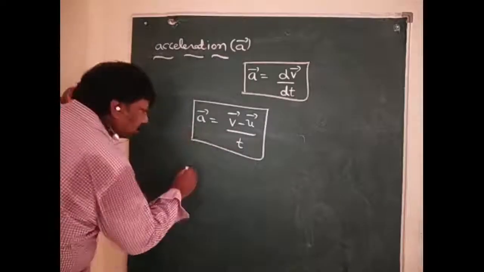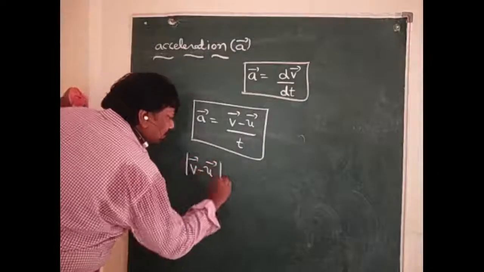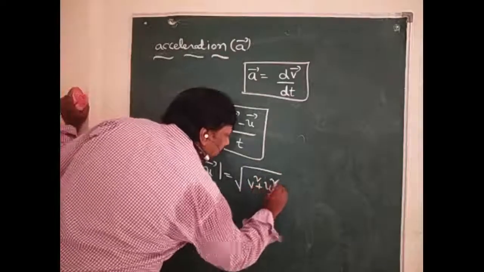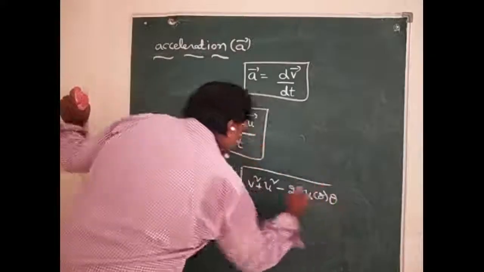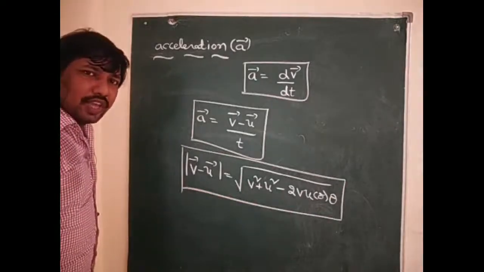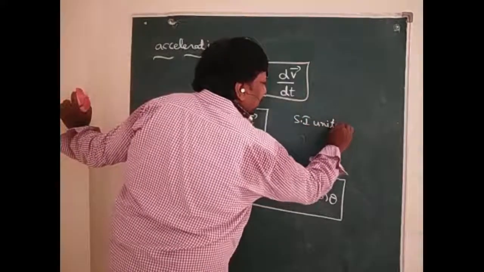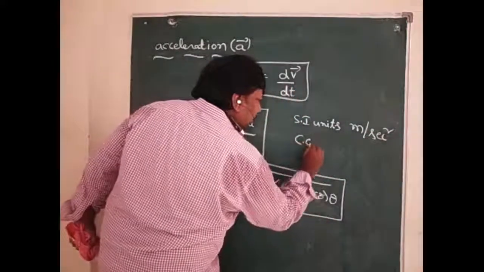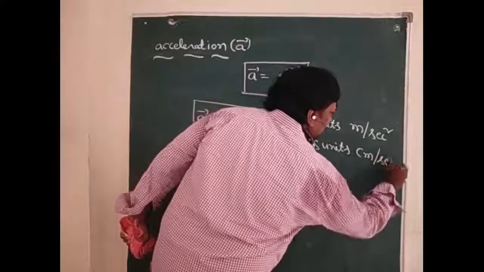The magnitude of V bar minus U bar is equal to root over V square plus U square minus 2VU cos theta. The SI unit of acceleration is meter per second square, and the CGS unit is centimeter per second square.